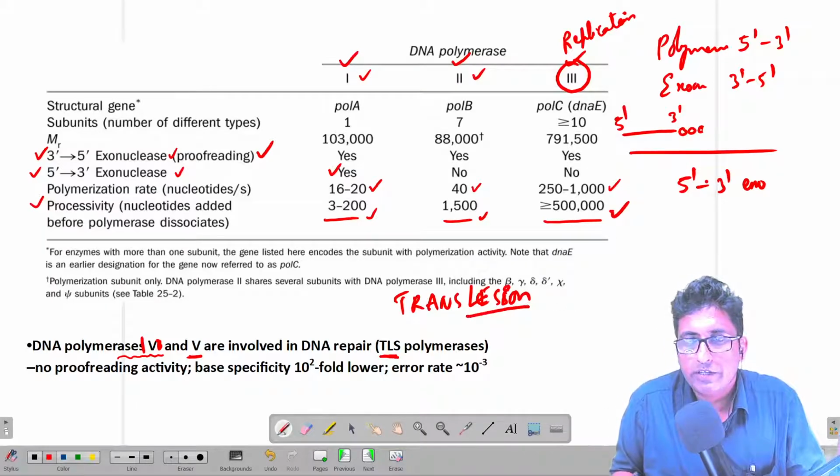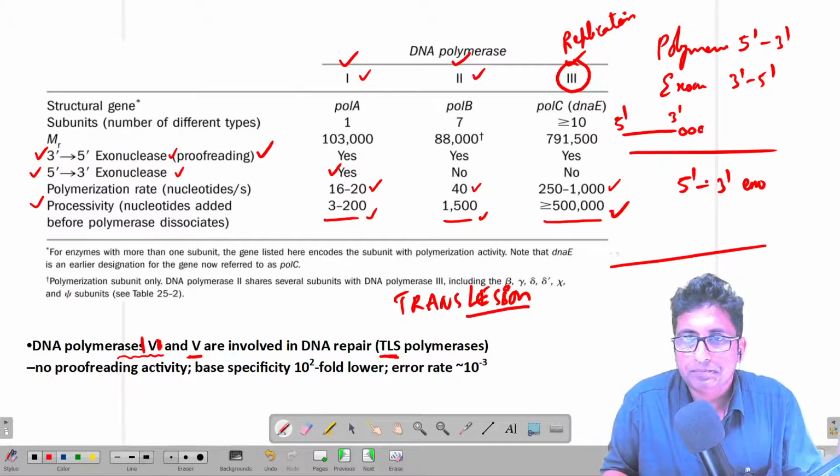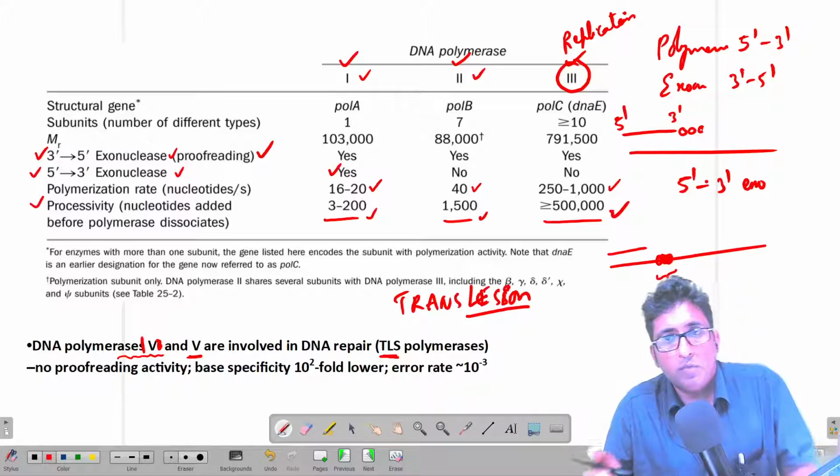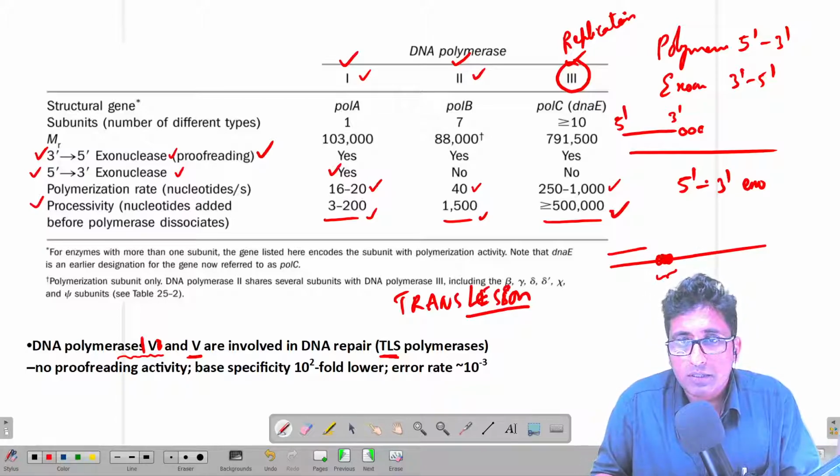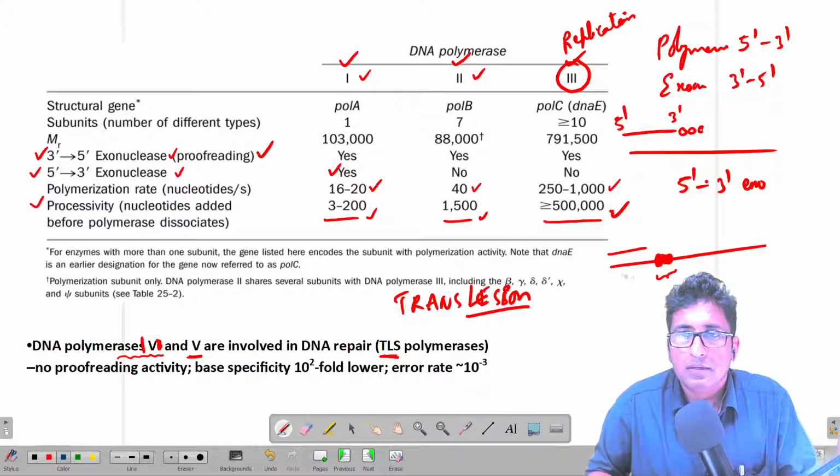Lesion means injury, or if there is a DNA, and here in the template there is a problem. We will discuss this when we are discussing repair, but for the moment assume that there is a damage here. Damage in the sense the nitrogen bases for some reason are unable to form the bond.